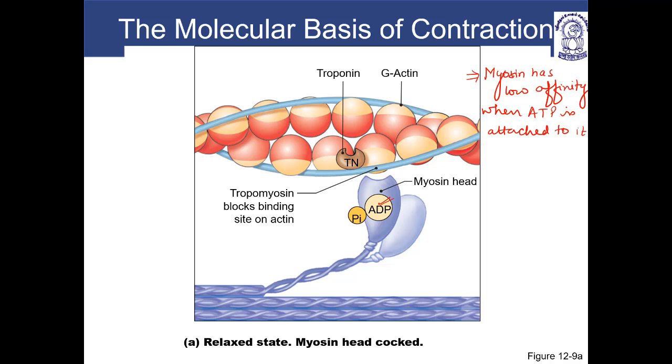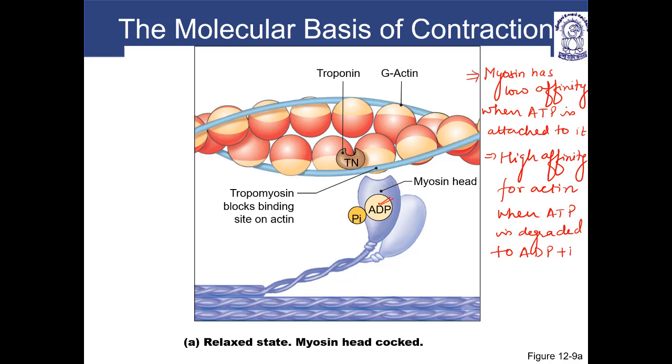Myosin has low affinity when ATP is attached to it, but it has high affinity for actin when ATP is degraded to ADP and inorganic phosphate. So the cross bridges are formed when the ATP is broken down into ADP and inorganic phosphate.